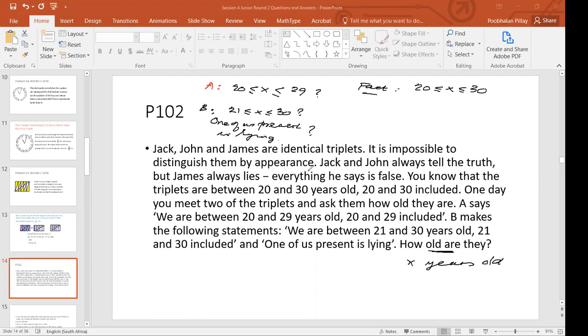So it would mean he's lying. No, they could also be 20. You see, X could be 25, according to B, and 25 is a number between 20 and 30. If a number lies between 21 and 30, it also lies between 20 and 30. That's important. Come on, somebody else suggest something.